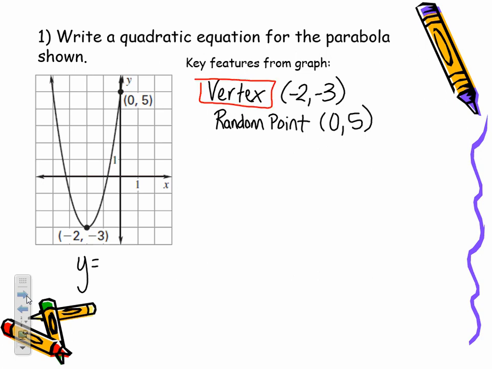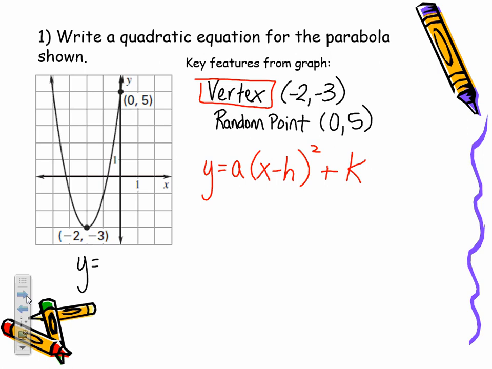That's my clue that I'm going to use the vertex form. The general vertex form is y equals a(x minus h) squared plus k. That's on the front of our foldable. This is a general equation that we can use to plug in things and help us figure out what the equation is for this graph.